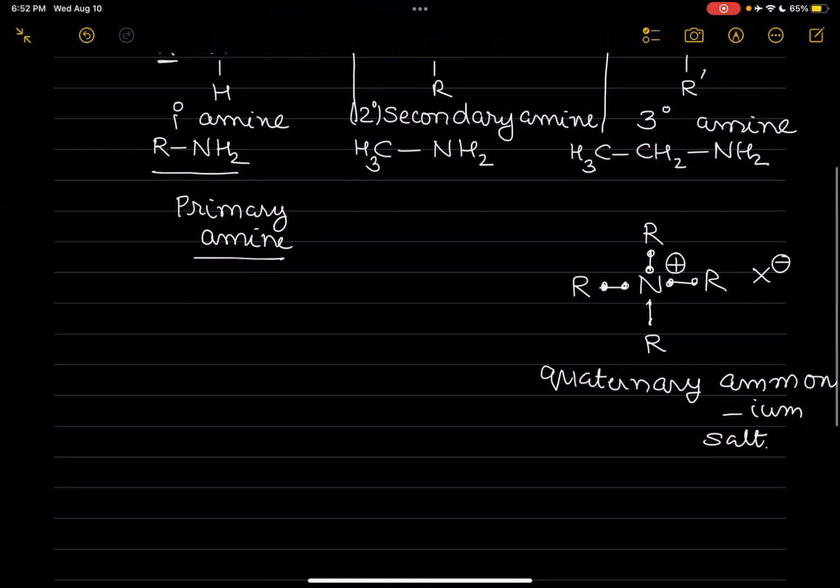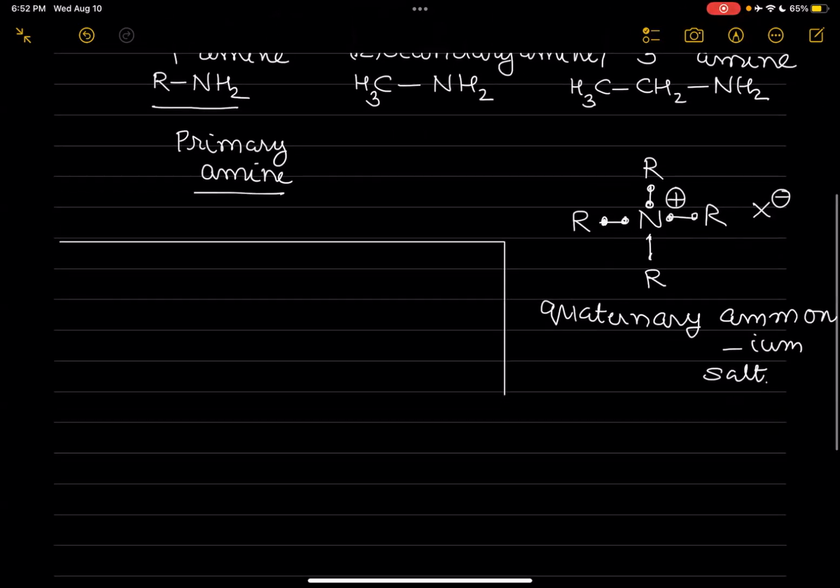Okay. Similarly, you can classify. This classification is not only valid for amine but also for alkyl halide and alcohol. The other classification, which is very, very important and applicable for all: primary, secondary, tertiary amine and quaternary ammonium salt are valid only for amines. But the next classification, which I'm going to write now below this line, is valid for all, for alcohols, for alkyl halides.